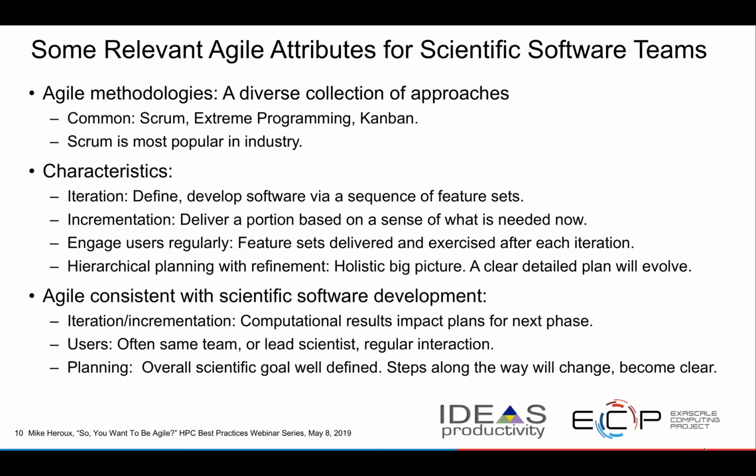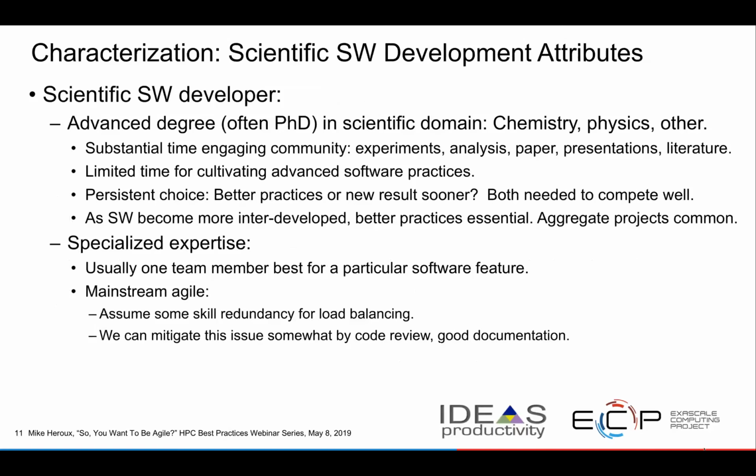What are some of the characteristics? Iteration, incrementation, engaging users, a hierarchical planning approach. And this, as I said, is quite consistent with scientific software development. Scientific software development attributes are things such as, for example, many of us have advanced degrees, often a PhD in a scientific domain.